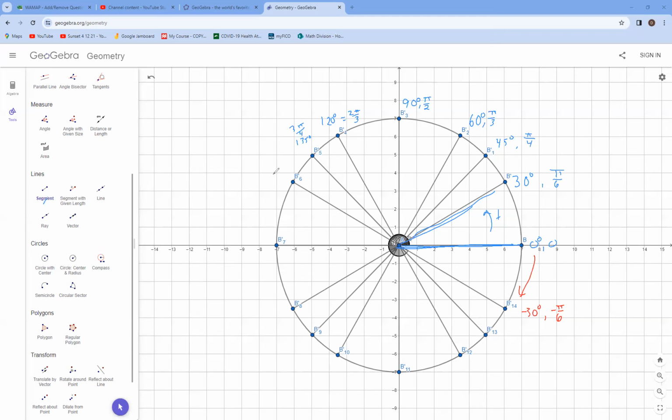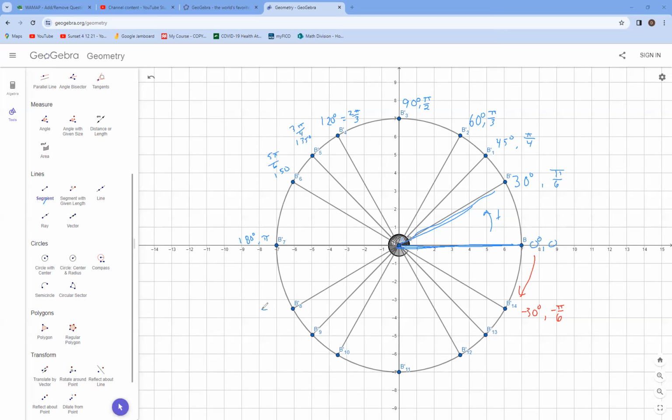And 150 degrees, that's the same as 5 pi over 6. 180 degrees will put us back on the x-axis, or pi. 180 degrees is equivalent to pi radians. That's what we standardly use in our conversions. So that's a nice angle to know as well.